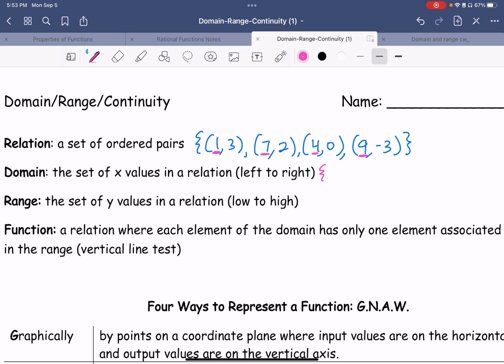And then they have to be from left to right on the coordinate plane. On the left hand side you have negative infinity, on the right hand side you have positive infinity. So you do have to go from left to right, starting with the smallest numbers and going towards the biggest numbers. I see the smallest number here we have is 1, and then we have 4, 7, and 9. Okay, and that's in increasing order.